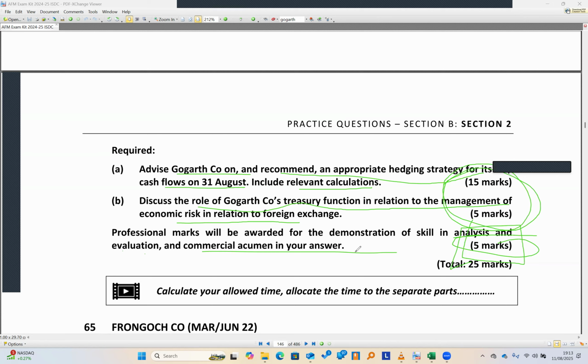And if you get 20 marks in a question, and another 20 marks in another question, you already have reached 40. And unless you completely fumble section A, you are still able to pass.